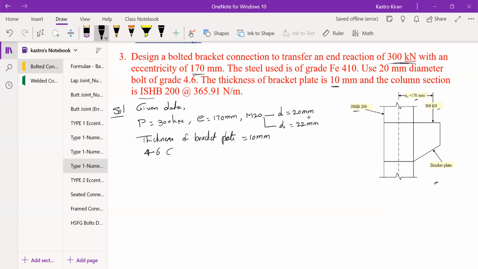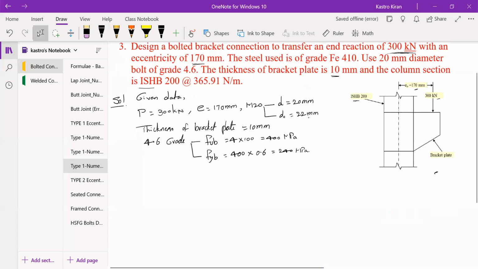So for 4.6 grade, the value of FUB, the ultimate bearing stress, is 4 times 100, that equals 400 megapascals, and the value of FYB is 400 times 0.6, that equals 240 megapascals. So this is the data that is provided in the question.